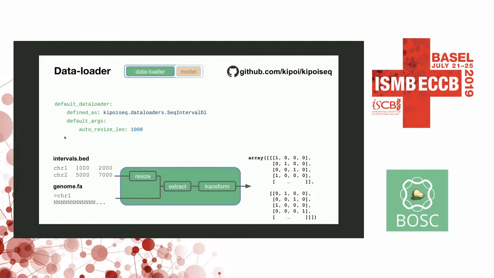Here you have the BED files, which define genome intervals, and a FASTA file, which contains the sequence, and some functions in this package will then give you the so-called one-hot encoding, which is a standard way of representing sequence in machine learning. But of course, if your model has a more complicated way to pre-process data, you submit the data loader on Kipoi. The goal is that your model will start from a standard file, and it's then very easy to apply it later on.